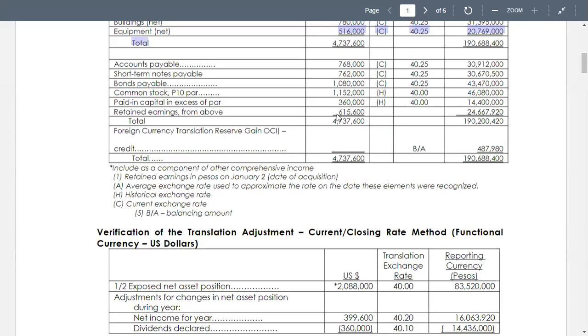Then for the common stock, what rate are we going to use? So we now use the historical cost. Taking into consideration this requirement: for reporting purposes, these amounts need to be stated in pesos.